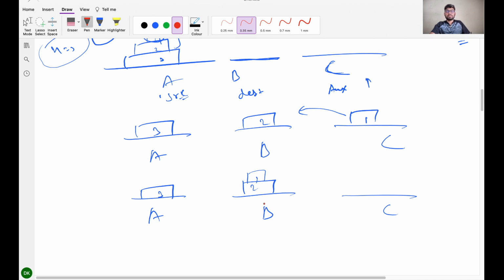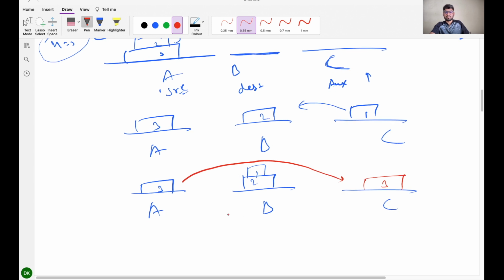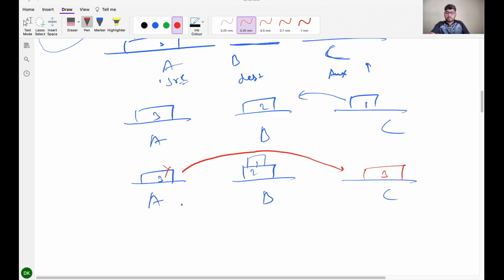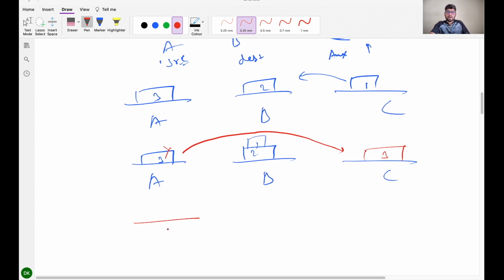So what would be my next step? I just have to place my nth disk from A to C. After placing the disk from A, my configuration would be something like this.